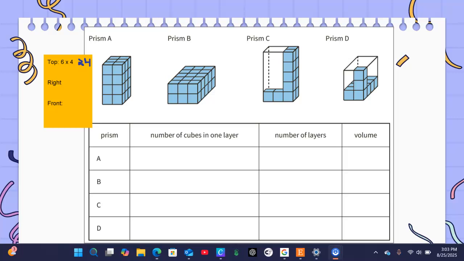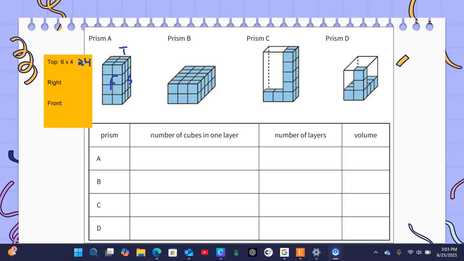This is the top. This is going to be the front. And again, this is the side. Those are also going to be referred to as your face, or it can also be known as the base. And today we're going to be talking about the area of the base.